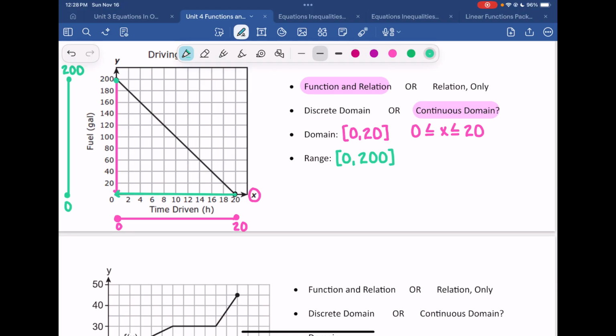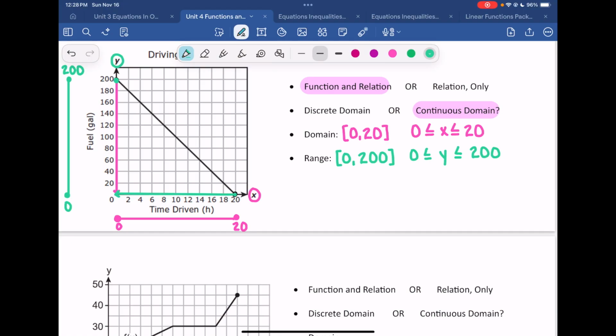And then if you wanted to write it as an inequality, it's going to be 0, y in the middle, because y is your variable, and 200 is the largest, and then less than or equal to, because the 0 is smaller than 200, and it's equal to because the endpoints are included.